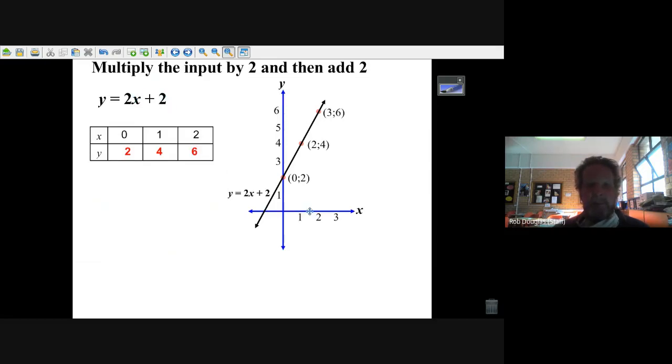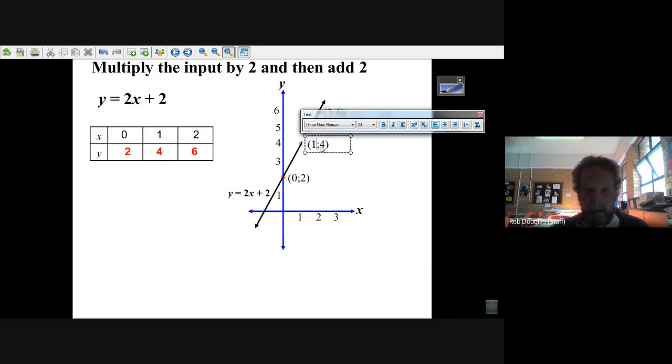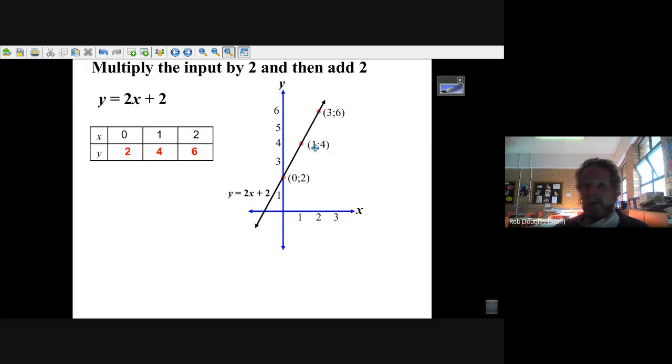And then we graph 0 along and 2 up. Gee, that was wrong there on the thing. So it's 1 in the x direction and 4 in the y direction.